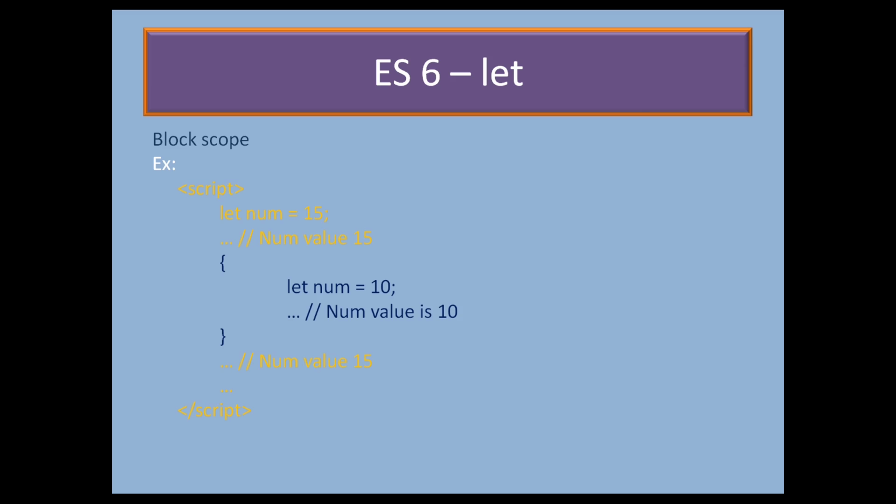So the num variable will have 10 only inside that highlighted block. Outside the highlighted block, the num variable will have value 15. So that's why we call let variables block scope. Means let variable will have a scope which is limited to the block.